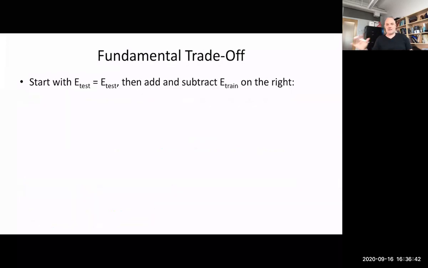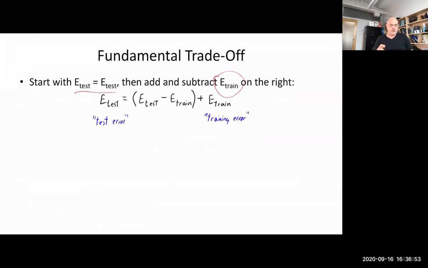So we're going to do some really simple math, my favorite kind of math. We're going to start with this equation, E-test equals E-test, and then we're going to add and subtract E-train on the right. Okay, cool. That's it. I'm going to group those terms, and we're going to identify this thing over here, E-test, is the test error, and this thing over here is the training error. Great.